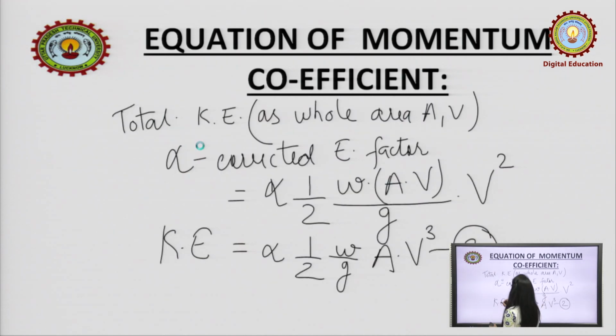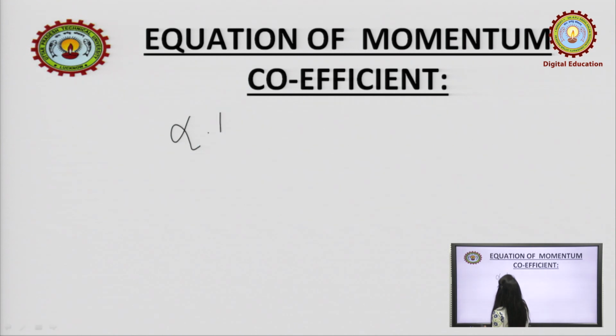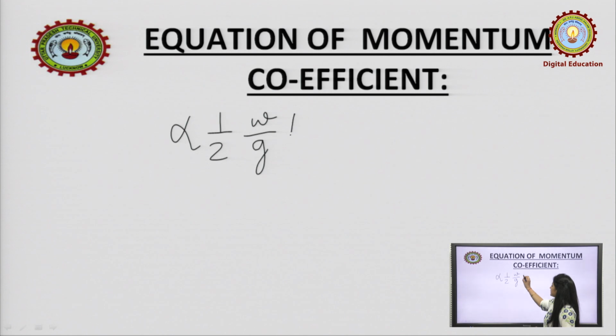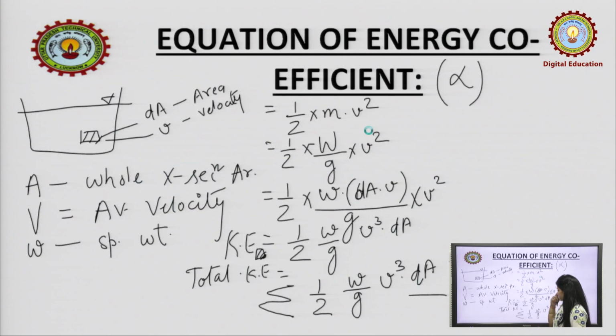Alpha 1 by 2 specific weight by g, capital A, capital V cube is equivalent to equation number 1, the summation of 1 by 2, similar terms, but the section was elementary due to the summation.